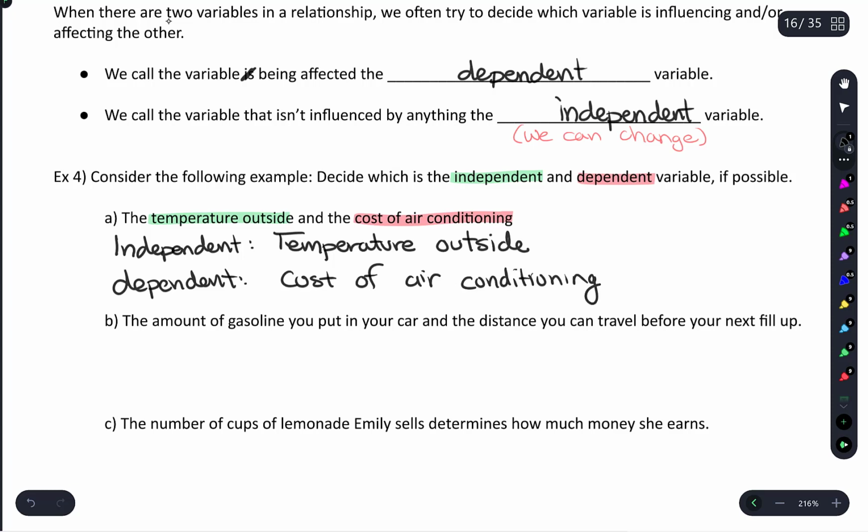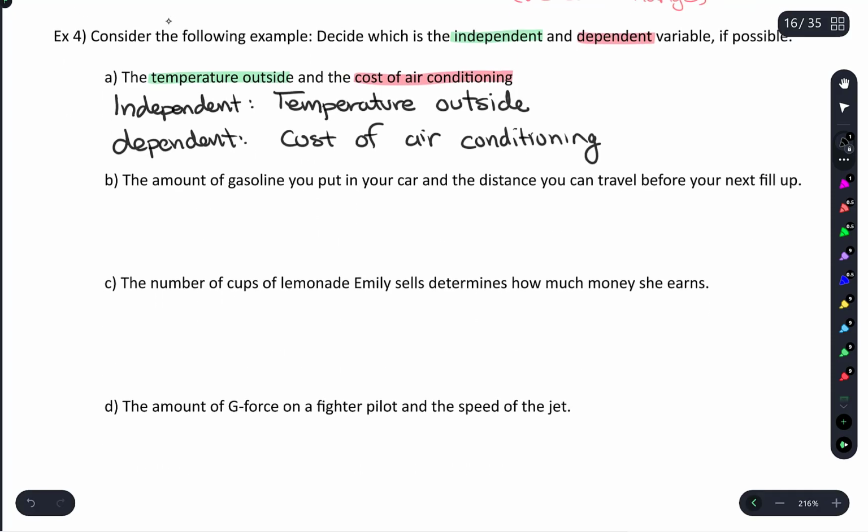Okay, let's do another example here together, and then I'll have you try the last two. Okay, so the amount of gasoline you put in your car, so that's one thing that we can change, and the distance that you can travel before your next fill up. Okay, so which one depends on the other? Well, I think the distance that I can go depends on how much gas I have, right?